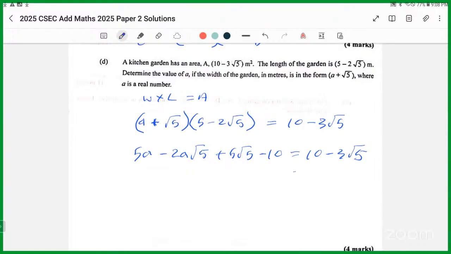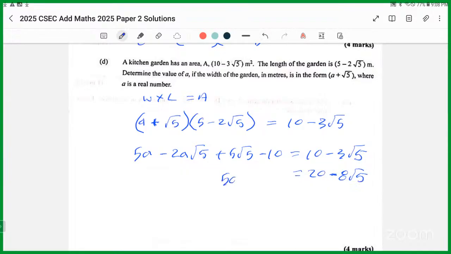So this gives me 20, when I take this 10 over, and this comes over to minus 8 root 5. And that is 5A minus 2A root 5. How can I compare the parts, right? You have the irrational part and the rational part.